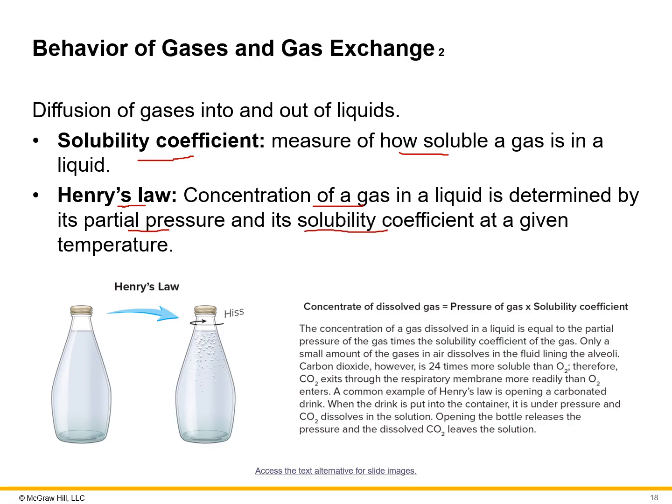So how much of a gas we have in a liquid is based on that partial pressure and its solubility at a specific temperature. The concentration of dissolved gas equals the pressure of the gas times the solubility coefficient. That equals Henry's law.